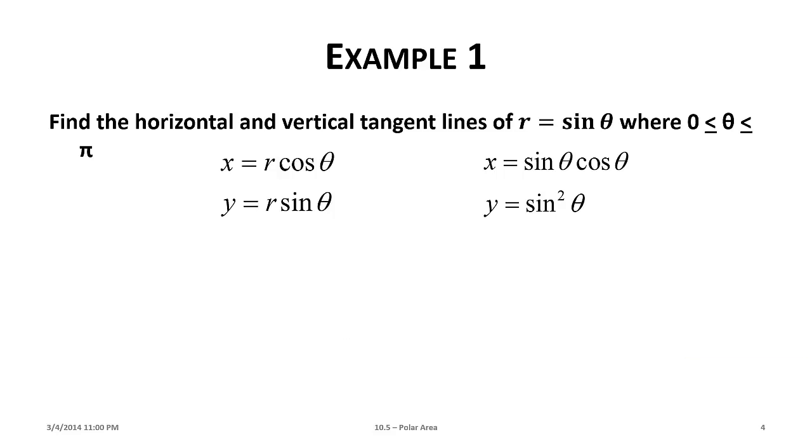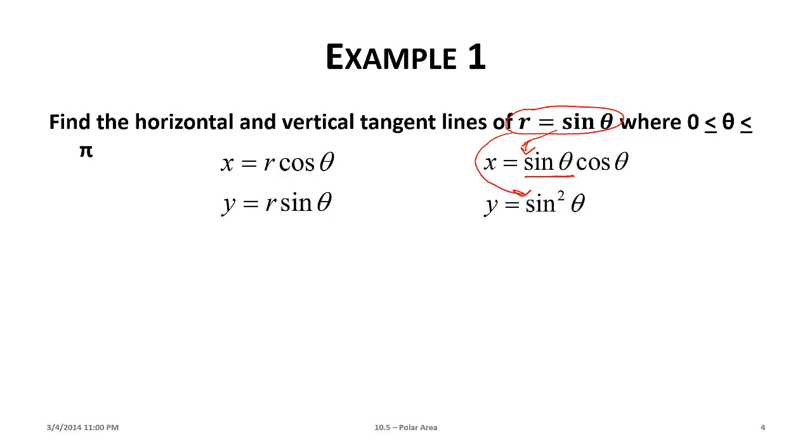So we get r sine theta listed. So r cosine theta, r standing for sine theta. And the same thing applies to the sine: sine theta becomes sine squared theta.